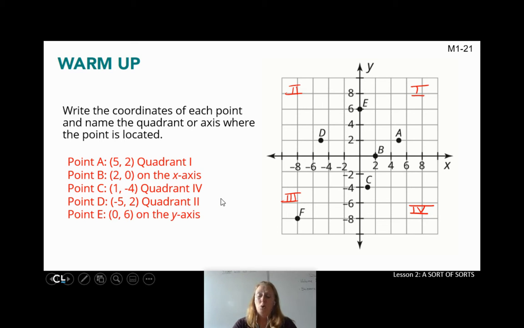We actually didn't make it into a quadrant, didn't get off the axis. That's how it goes sometimes, and that's okay. And last but not least, point F, it looks like we had to go left 8 and down 8, so -8, -8, to put us into quadrant 3. There you go.